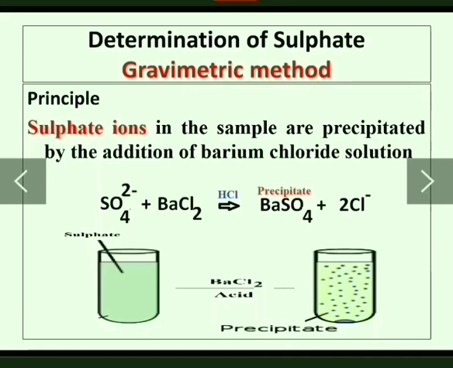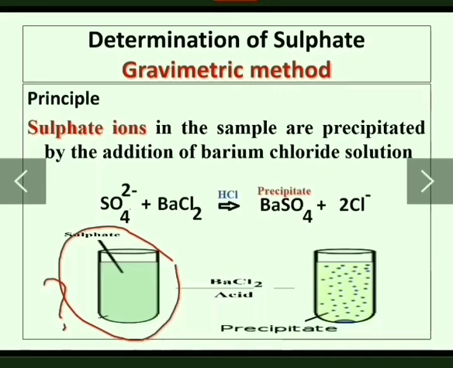Sulfate ion in the sample is precipitated by the addition of barium chloride solution under acidic medium. So if you have not understood the definition, let's go through this. Sulfate ion will be dissolved in water. What we have to do is estimate the amount of sulfate ion in the water sample.